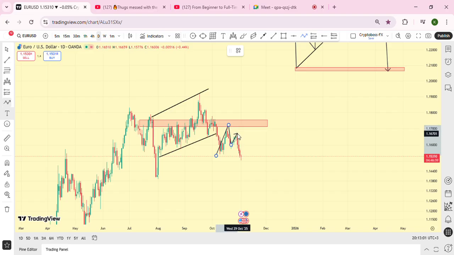So we expect the market to keep dropping. During this double top formation, if you go to lower time frames, we have another head and shoulders pattern. That gives you more confidence on why you should ride on those sells.